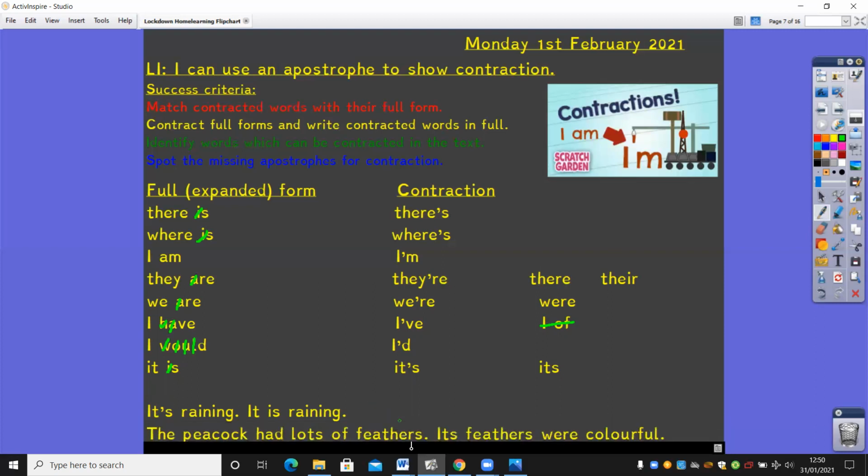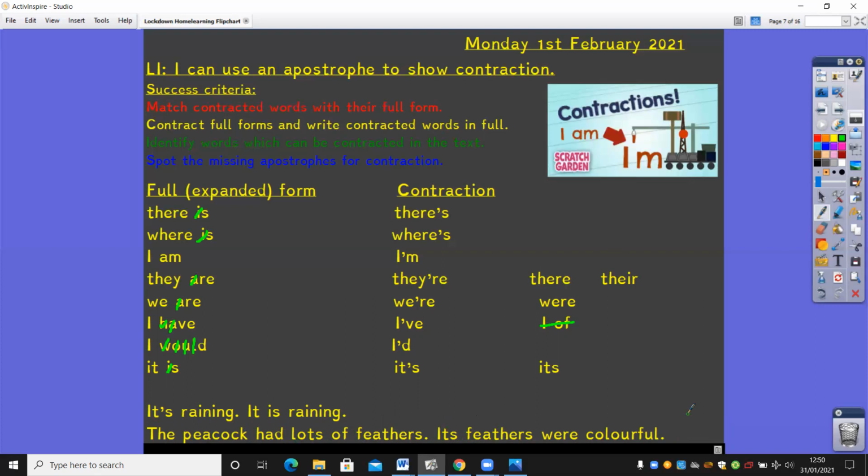If, however, I have a sentence like this, which says the peacock had loads of feathers, its feathers were colorful. Let's have a look. Could I replace this its for it is? Could I say it is feathers were colorful?